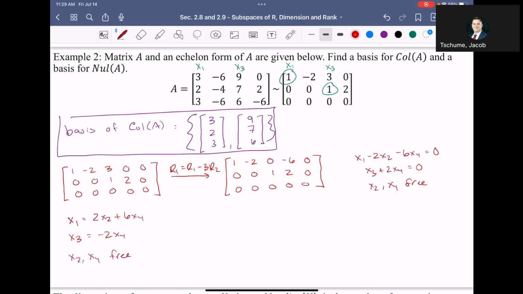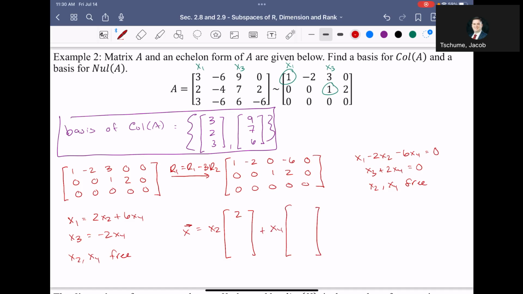Right? So from here, we can say that vector x is going to equal your first free variable x2 times a certain vector plus x4 times another vector. Remember, you pull those from the coefficients of your basic variable equations. So for x2, you would have 2 in the first position.